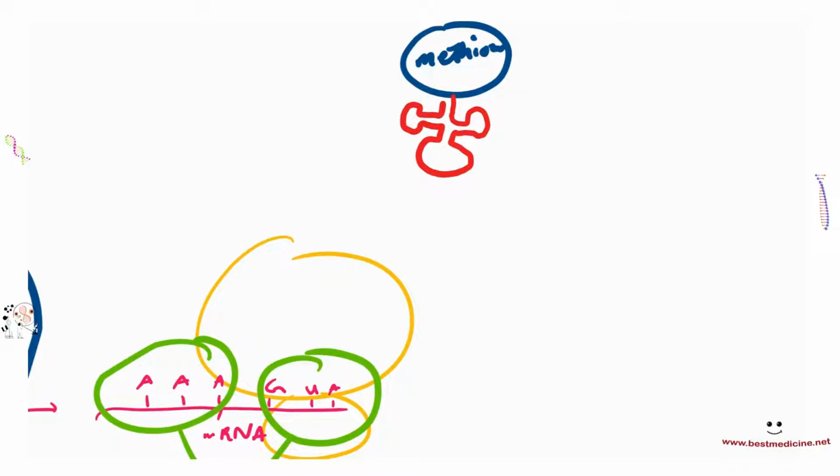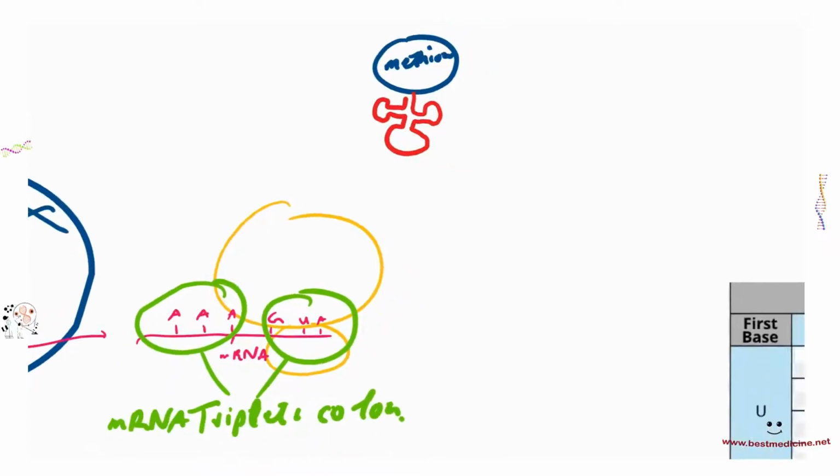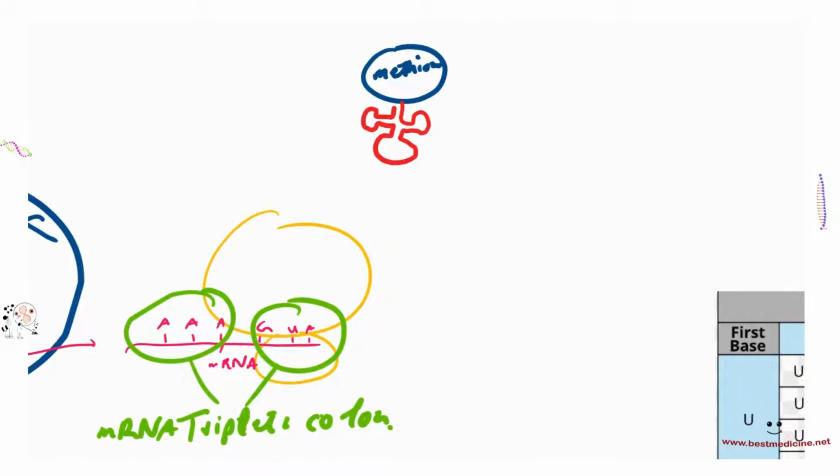This transfer RNA is going to have RNA that is complementary to the triplet, to the codons on the mRNA. So for example, we have A here, so it's going to have a U here because it's an RNA. This is called a transfer RNA.